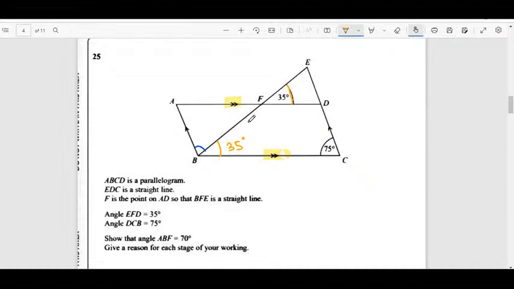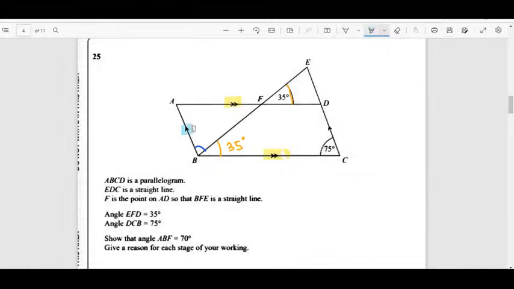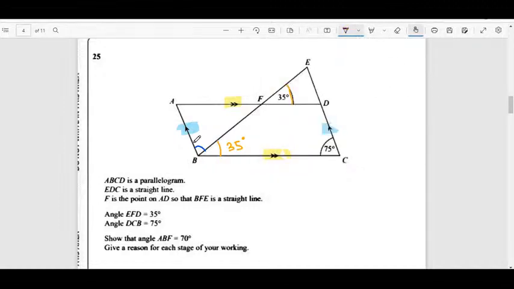So now, again, we are going to use the idea of two parallel lines. So AB and DC, they are also parallel. If we talk about the sum of interior angles, this purple angle plus this 75 should be equal to 180 degrees, okay? So complete angle at B plus complete angle at C would give you 180 degrees.